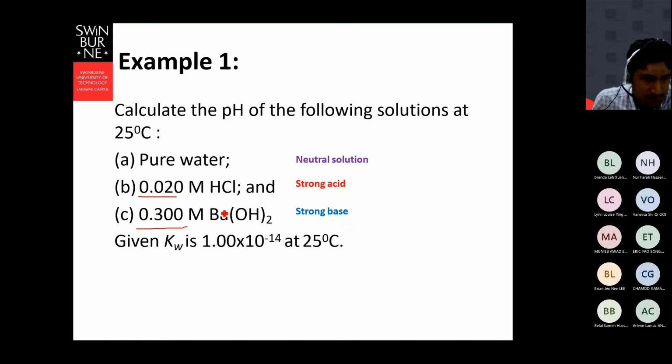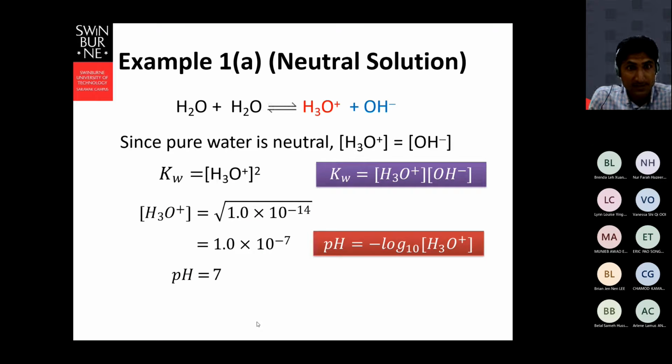What will be the pH of the solution? We understand HCl is a strong acid, and barium hydroxide is a strong base. But what is the pH of the solution? And Kw is given as 1 times 10 negative 14 at 25 degrees centigrade.